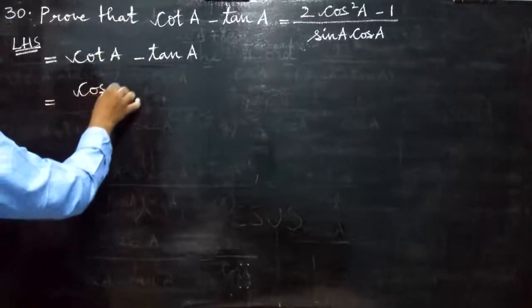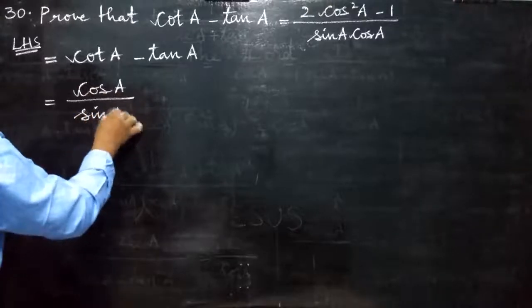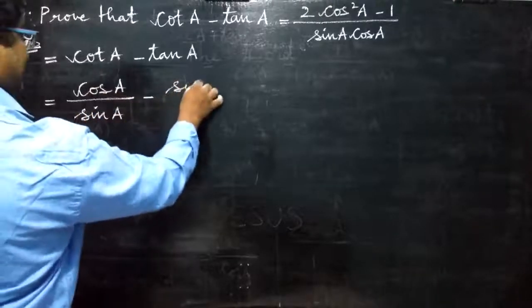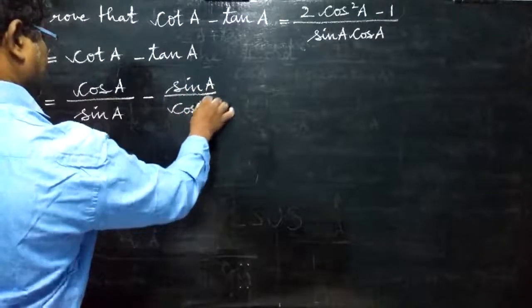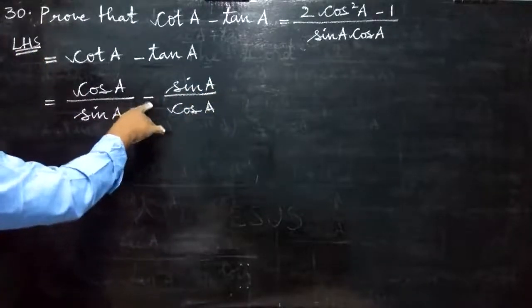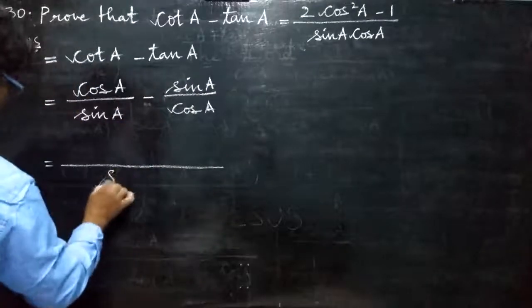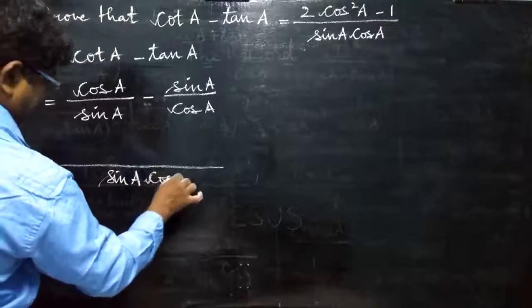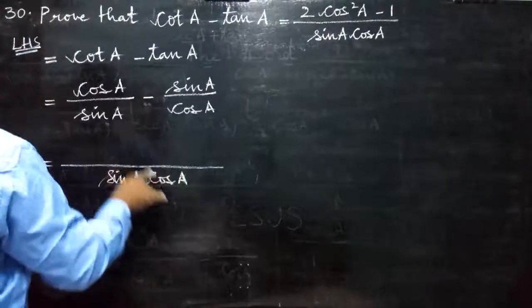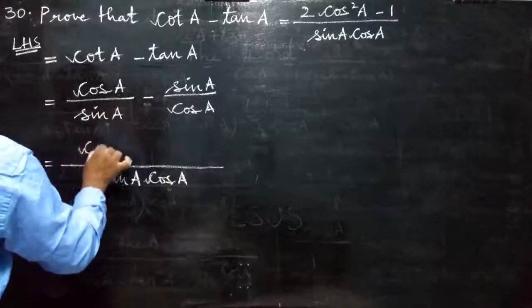Cos A by sin A. And what is tan A? Sin A by cos A. So, whenever there is addition or subtraction, we use the method of LCM. So, sin A into cos A. Sin A how many times goes means cos A times. Cos A into cos A, cos square A.